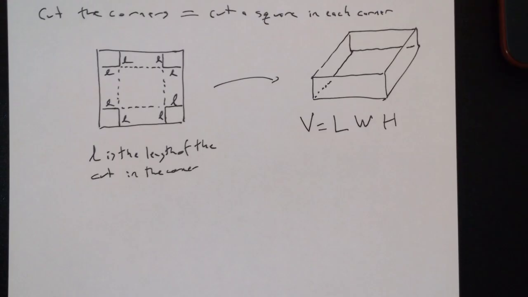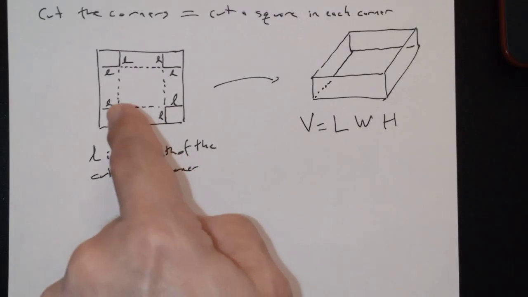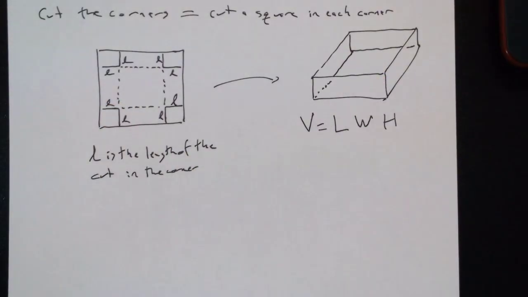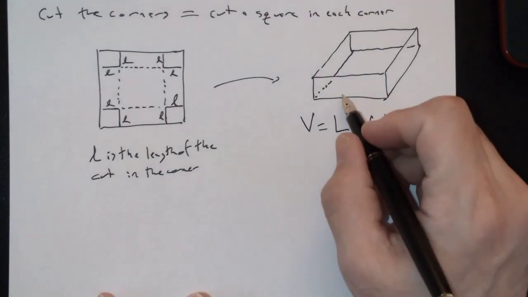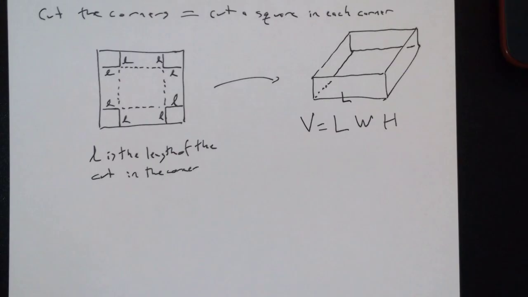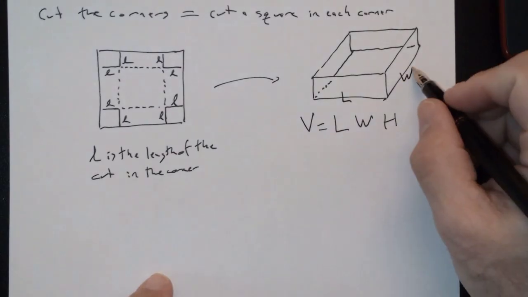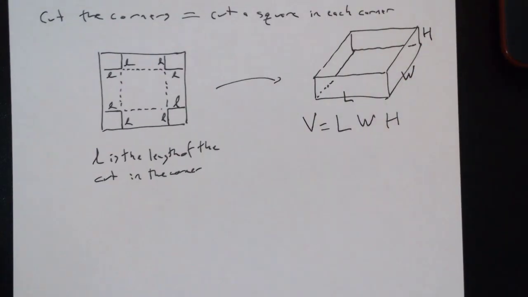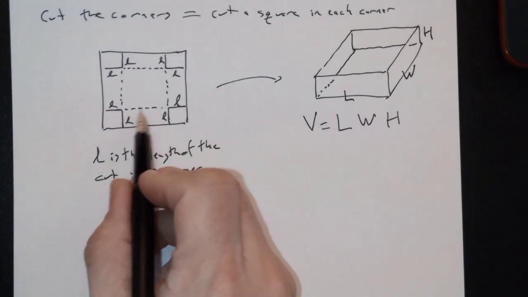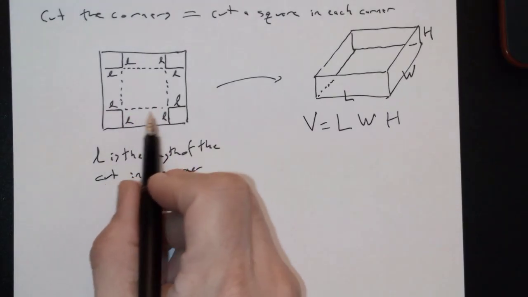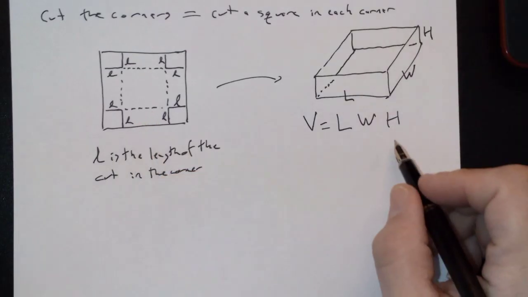But I could make it have something to do with little l, because I'm folding this thing into this thing, right? So the length of my box, capital L, that'll be the length of this piece. That's this right here, isn't it? Ah, so the height is little l.